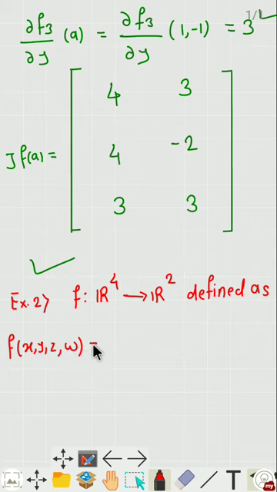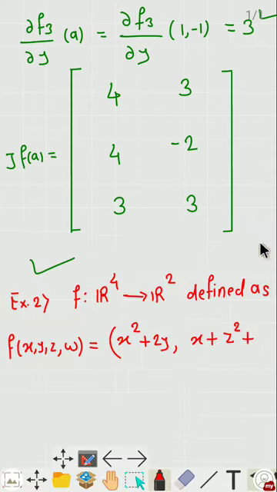Function f is acting on a point with four components, and we get a vector with 2 components. So the first component is x² + 2y, and the second component is x + z² + 3w².